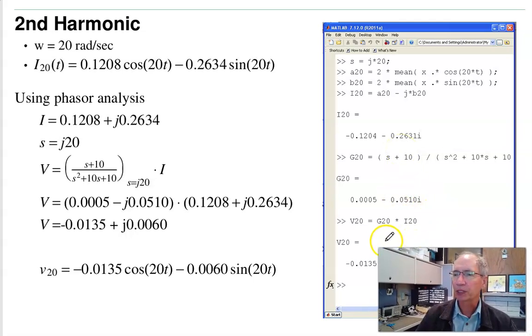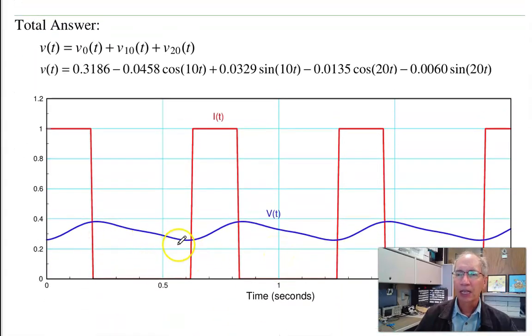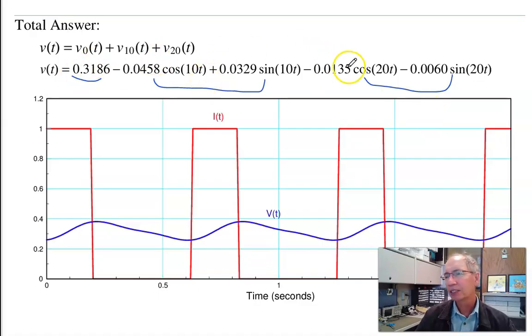So there's my voltage right here. Real part's cosine minus j is sine. Add them all together, and that's my voltage. So there's the DC term, the 10 radian per second term, the 20 radian per second term, or DC term, first harmonic, second harmonic. That's V of t.